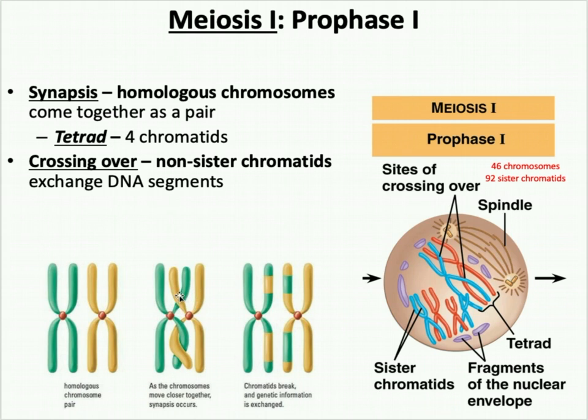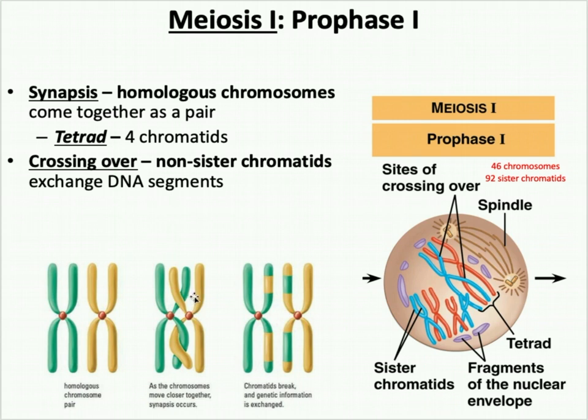And then what you get is what's called a tetrad. Tetrad means 4, and it's just 4 chromatids coming together. So here's one chromatid, here's another chromatid, and here's another chromatid, and another chromatid.